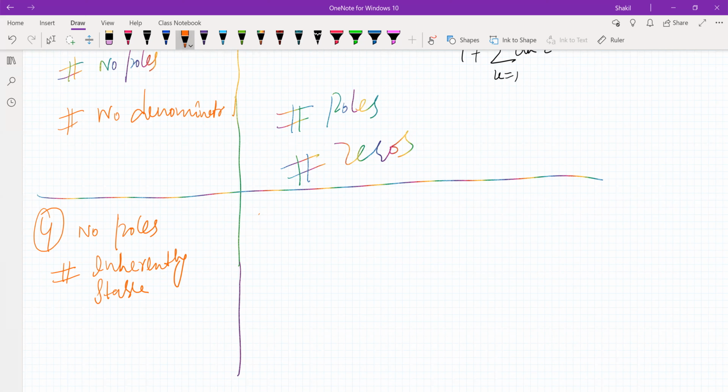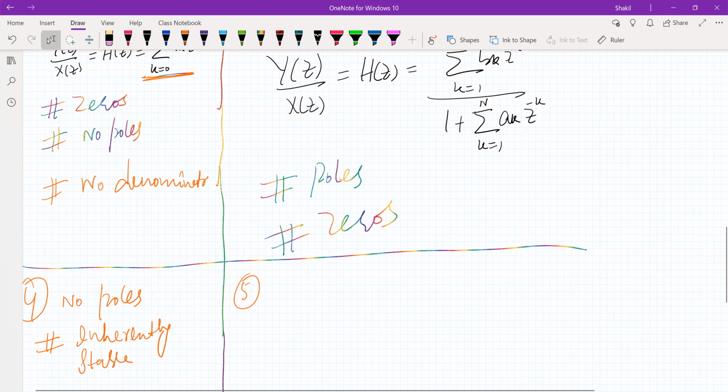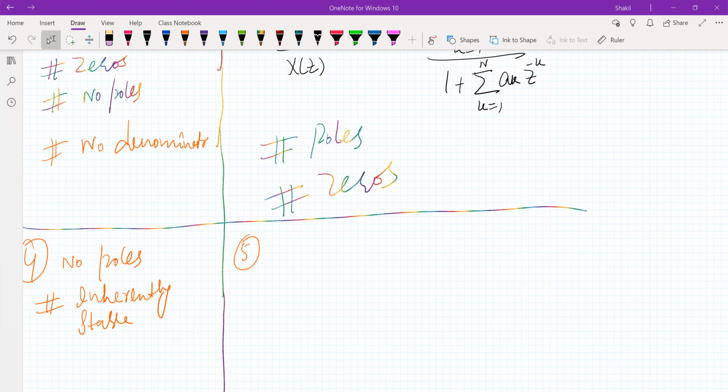Now for the IIR, as there are poles and zeros, it may be unstable. Now when will it be unstable? If the location of the poles is outside the unit circle.